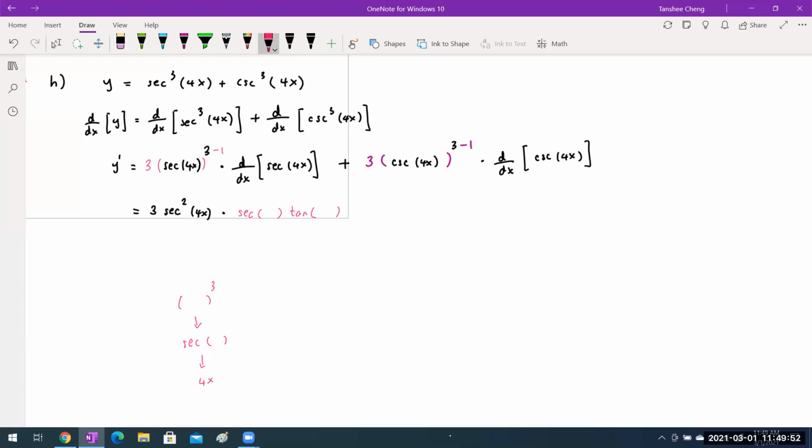And remember, the inner function will stay the same as the inner function, because a lot of the time the mistake is writing down secant x, tangent x. That's the mistake. So we need to remember secant of what? We have one more inner function. Secant 4x, tangent 4x, times the derivative with respect to x of the most inner function now, which is 4x.